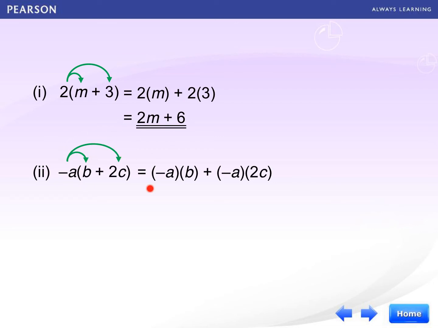Remember to use a bracket for the negative number here. We get negative a times b plus, here is plus, negative a times 2c. So the result is negative ab minus, because plus a negative number becomes minus, 2ac.